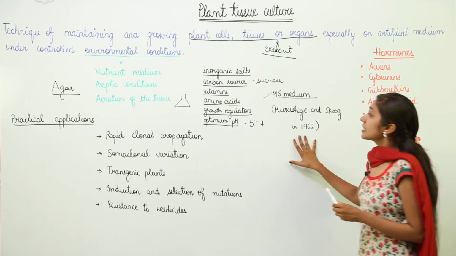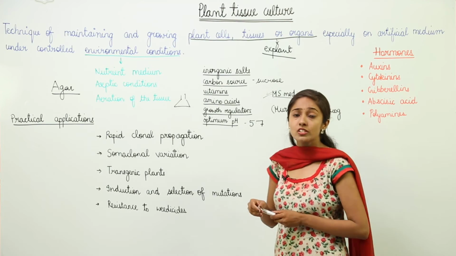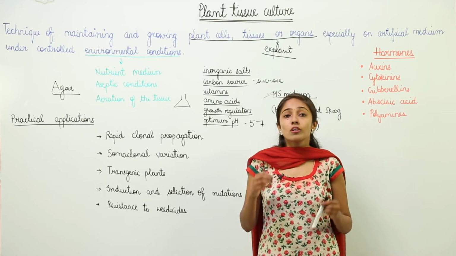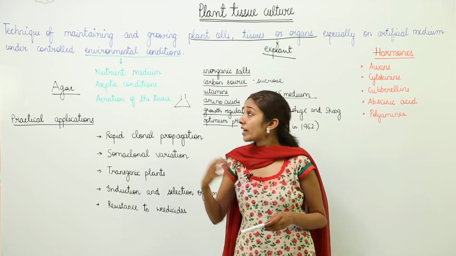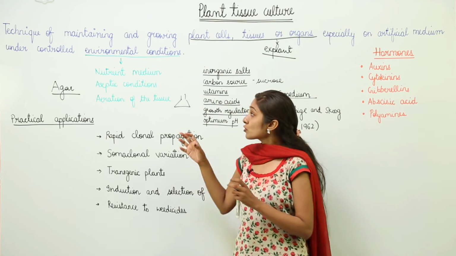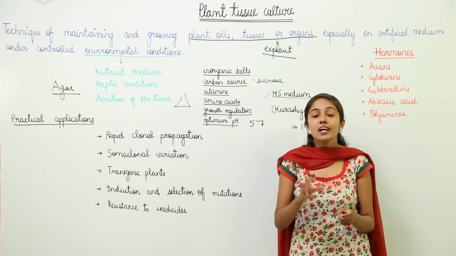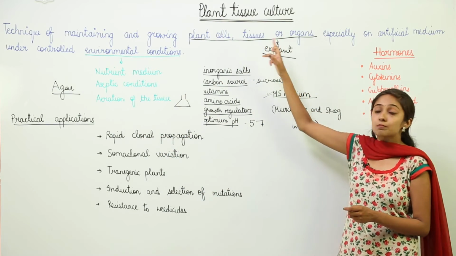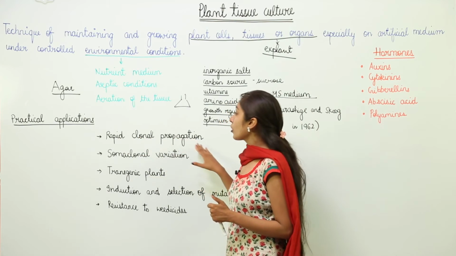Then after this, just remember that plant tissue culture has many practical applications in terms of plant biotechnology. When we form goods or provide services in terms of plants to mankind, this all comes under plant biotechnology. So what are the practical applications of this technique that we call plant tissue culture? First of all, it leads to rapid clonal propagation.